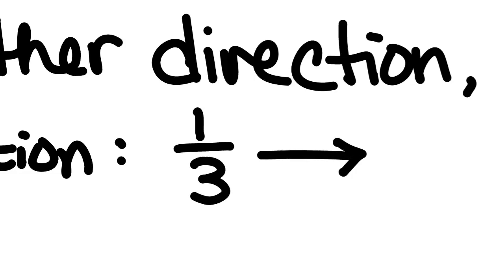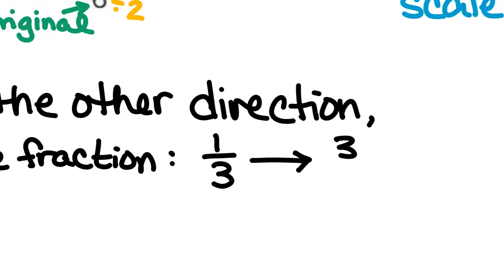So that scale factor that we came up with of 1/3, if I flip that fraction over, I would get 3 over 1. Is that in simplest form? What is 3 divided by 1? 3. So if this went the other way around, the new would be the 6, the original would be the 2, and so then I'd have a scale factor of 3.